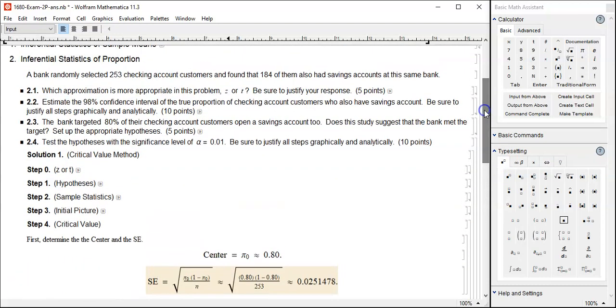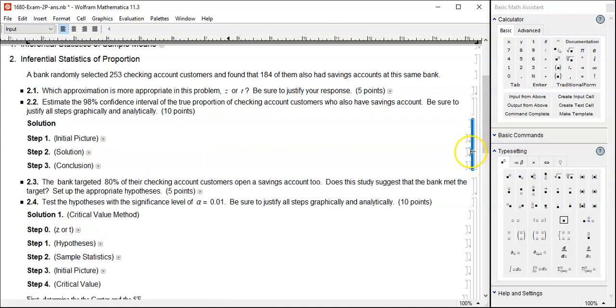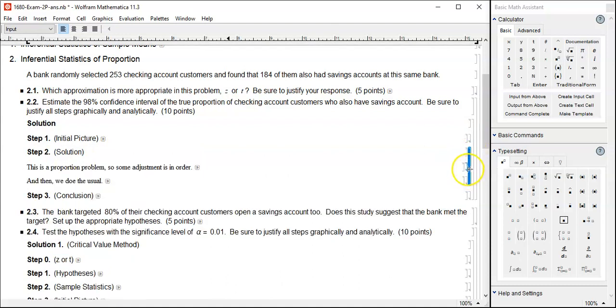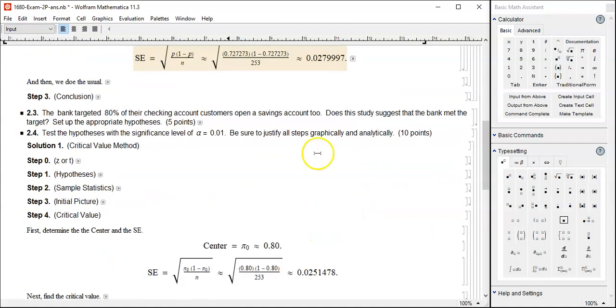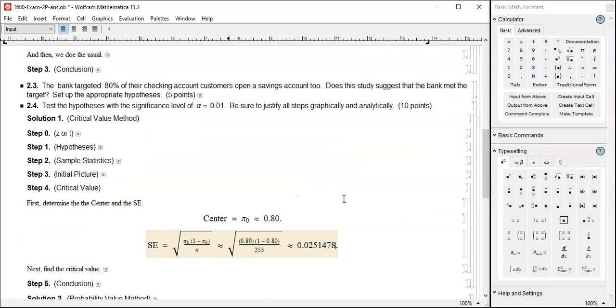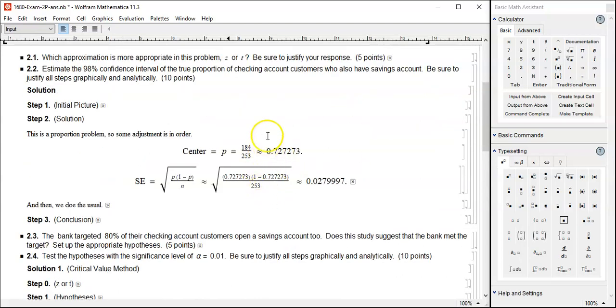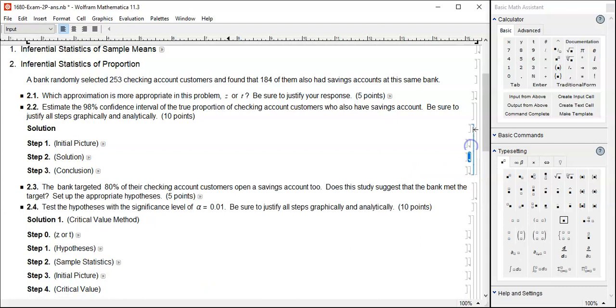it's not the same value as the one you saw here. You see, not the same value. Same formula, but not the same value. Why? Because here we use observed proportion from the sample study, because this is a confidence interval problem.